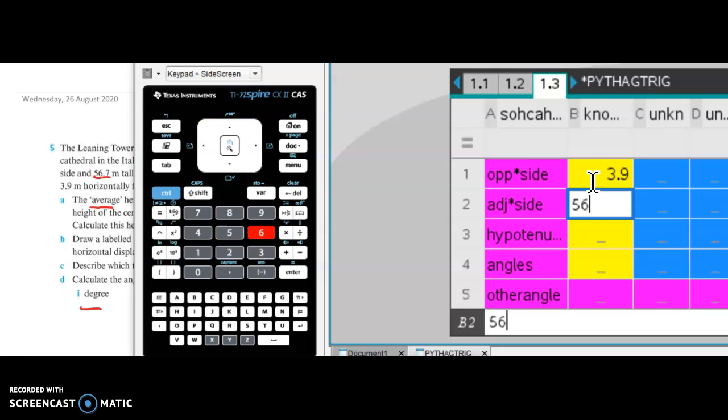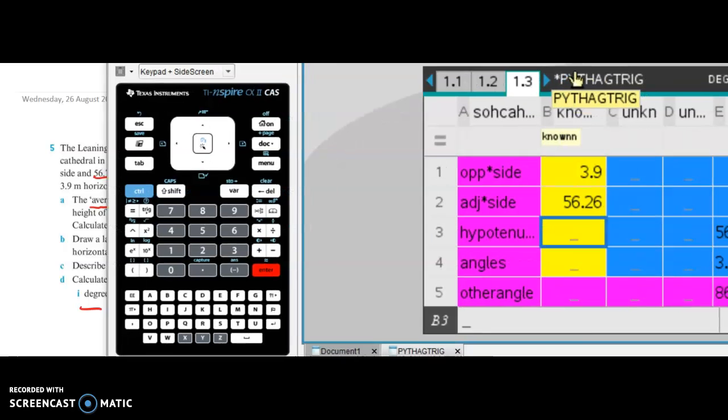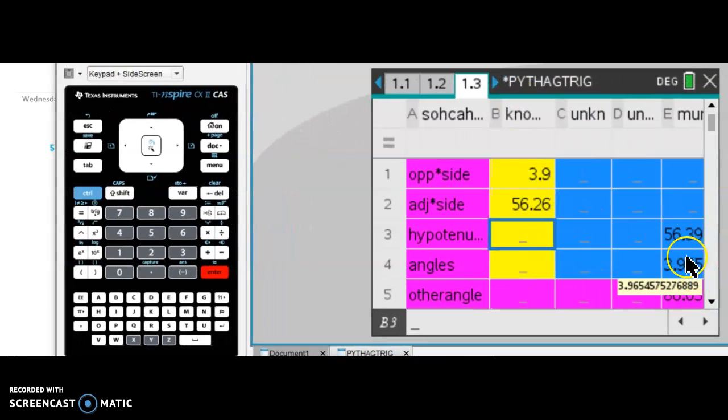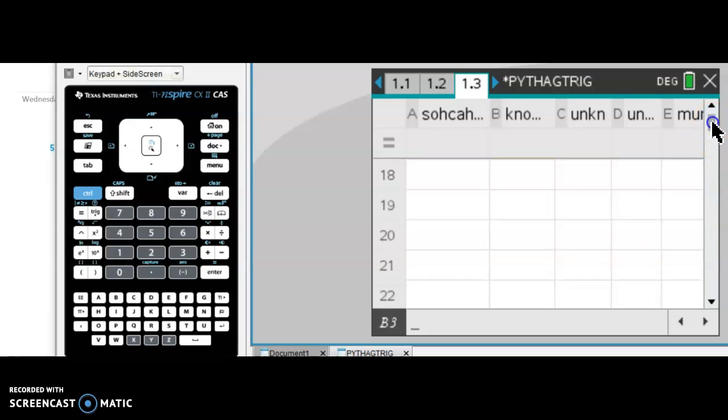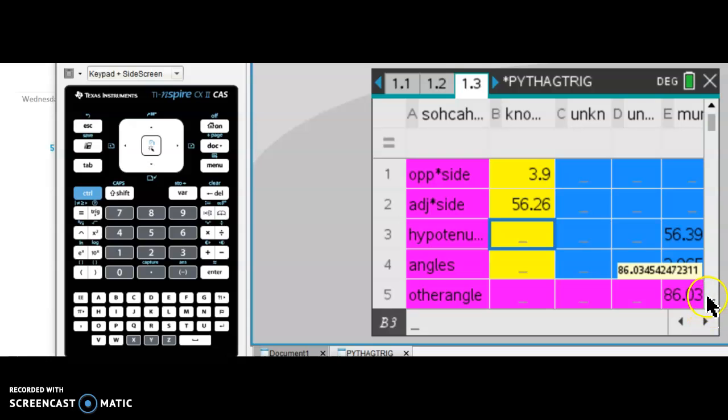No way would you be expected to do this without the aid of a calculator. So we end up having our angle calculated, which is this one here, 3.9654.